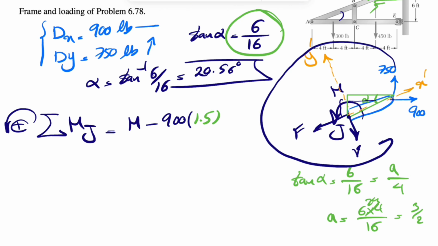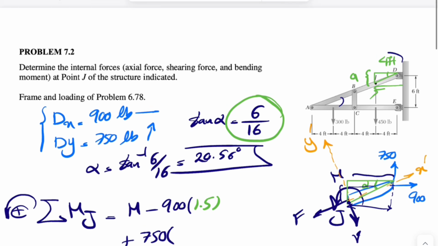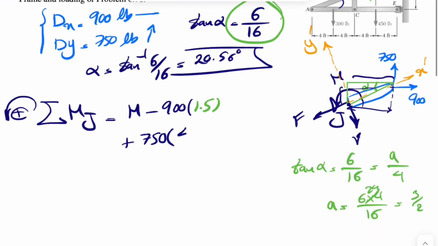The next moment is the 750, which is a counterclockwise moment, so plus 750. The distance for its line of action is what we have in here, this 4. So we can find the moment now.